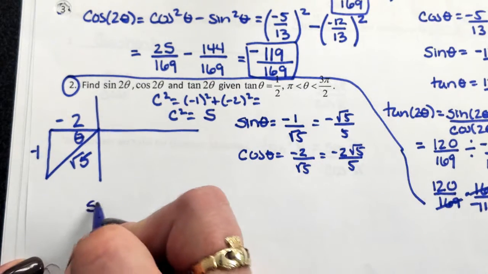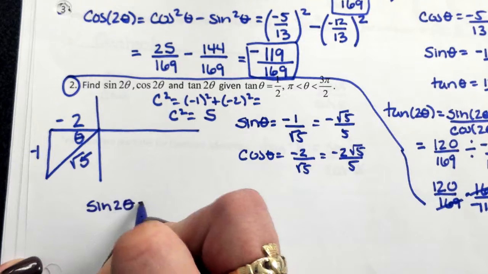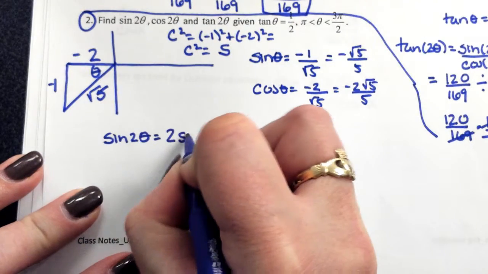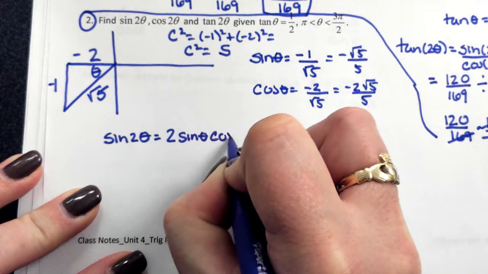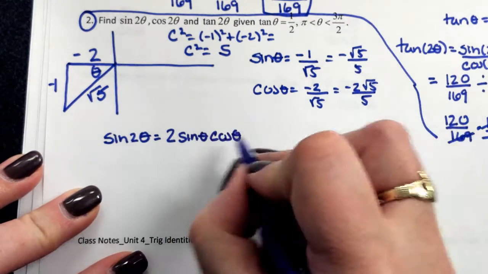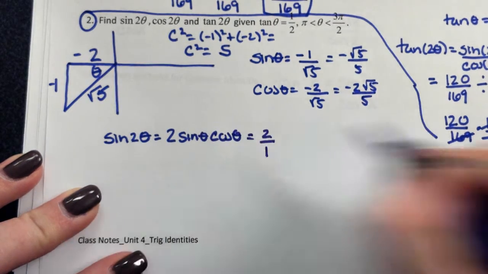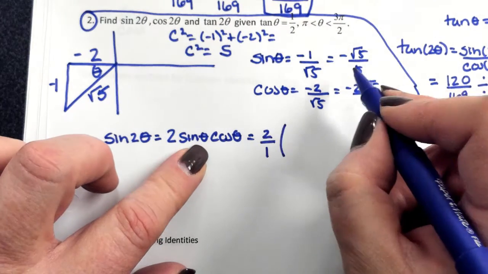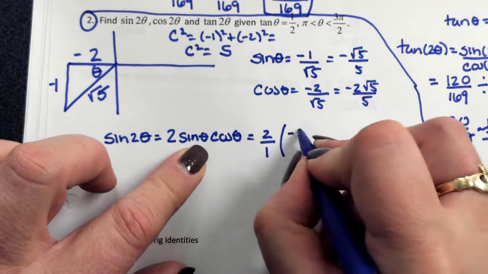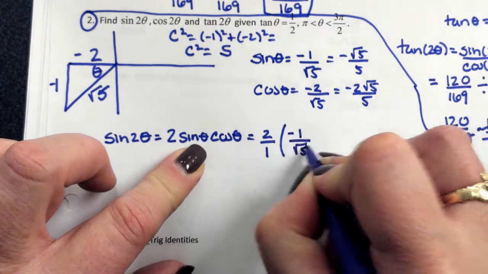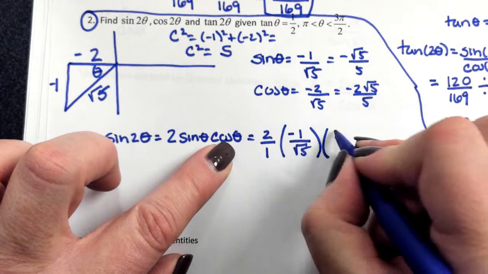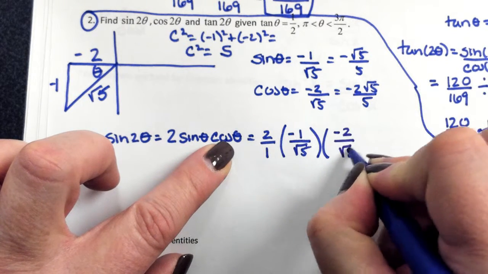So now I'm going to find the sine of 2 theta. So the sine of 2 theta, remember, is 2 sine theta cosine theta. So remember, 2 is actually a fraction over 1. Times, take out sine theta, replace it with the ratio, which I'm going to use the negative 1 over square root 5, times the cosine theta, which is the negative 2 over square root 5.